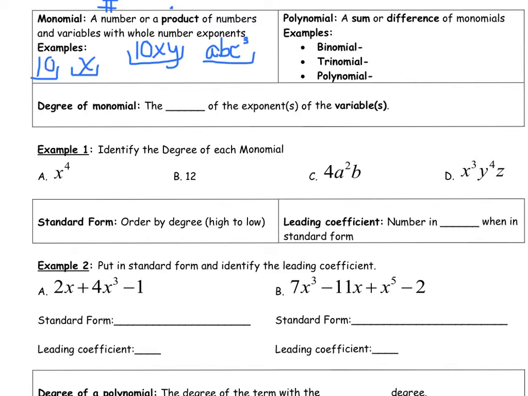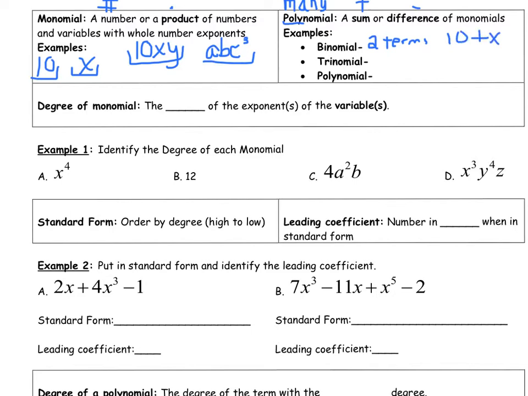A polynomial is many monomials, because poly means many. Many monomials stuck together. This time they're stuck by either addition or subtraction. A binomial has two terms, or two monomials, so like 10 plus x.